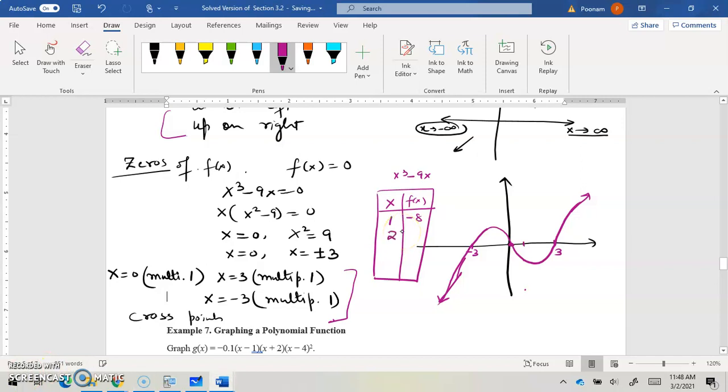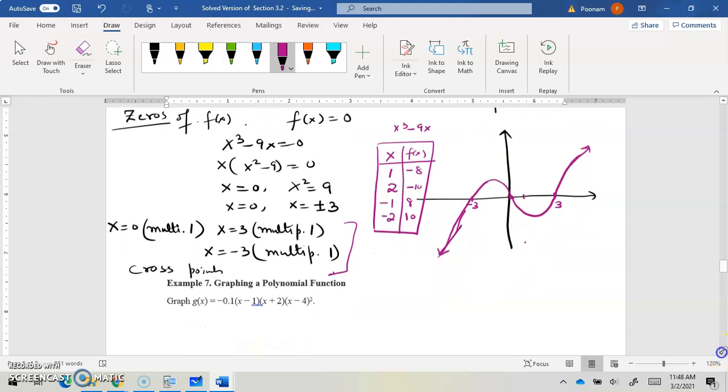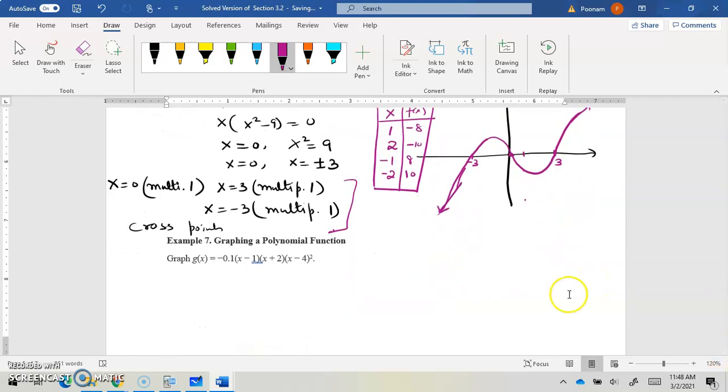At 2 it will be 2 cubed, which is 8, minus 18. So that will be negative 10. At negative 1 it's negative 1 plus 9, which is 8. And at negative 2 it is negative 8 plus 18, which is 10. So now we can fix the positions of the graph after drawing the accurate endpoints.